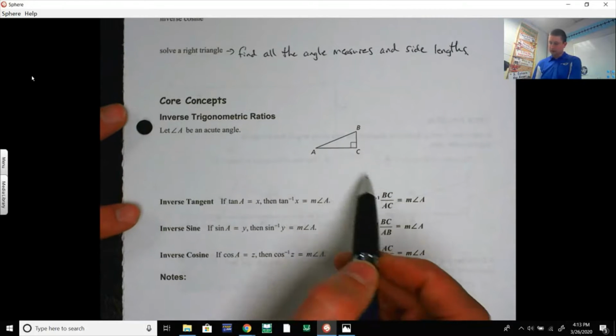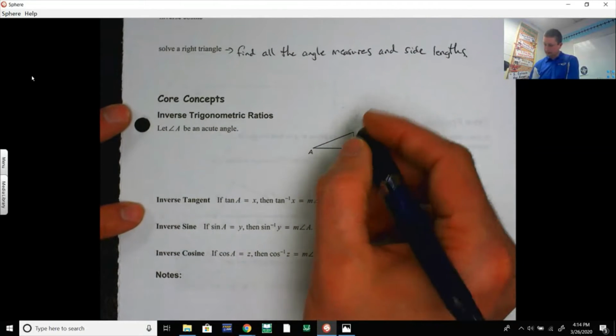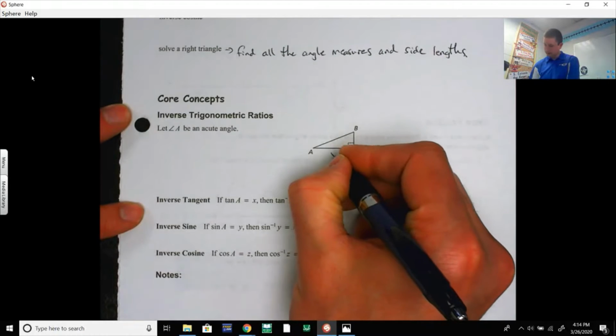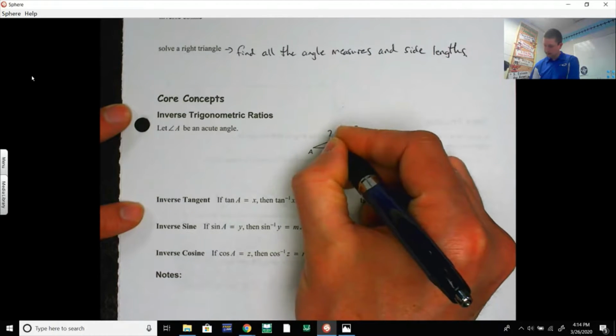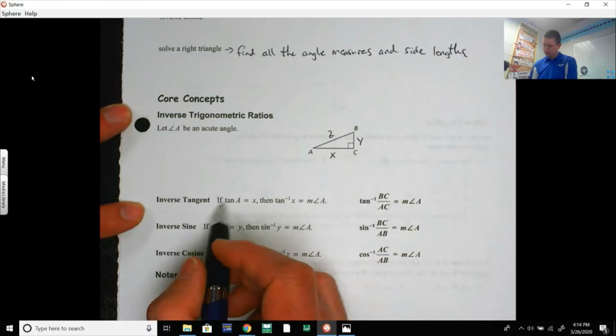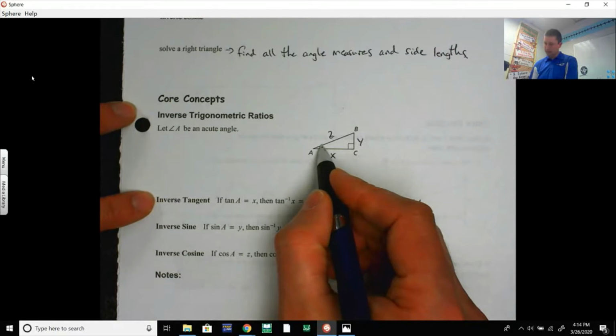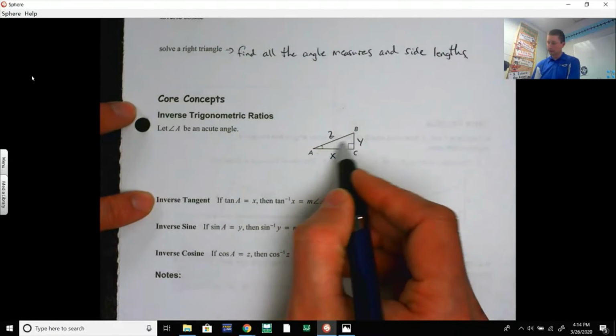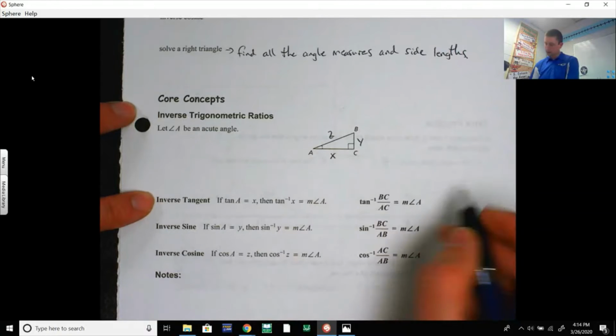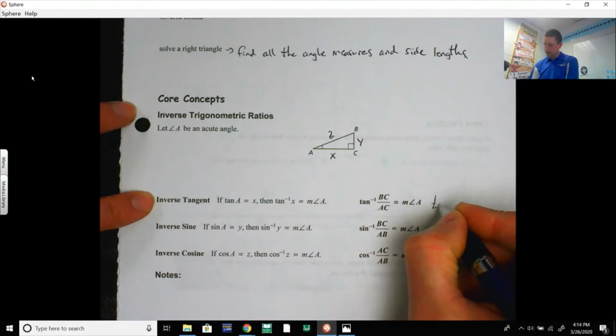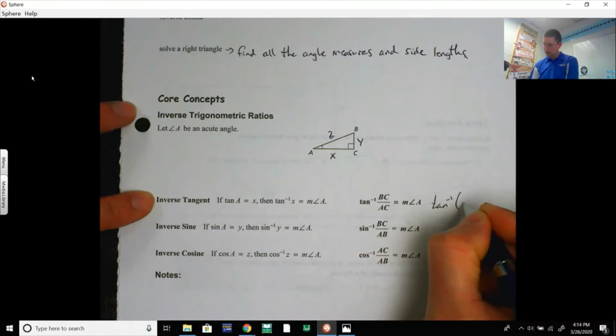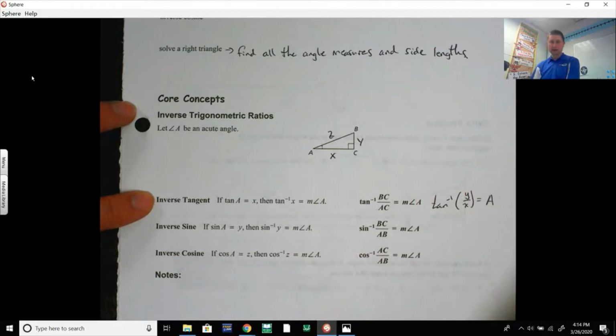So if you know the sides, let's say this is side x, side y, and side z. If I'm finding the tangent of A, remember, tangent is opposite over adjacent. So if you do this inverse ratio, tangent to the -1, of y divided by x, that's going to be what the angle A is.